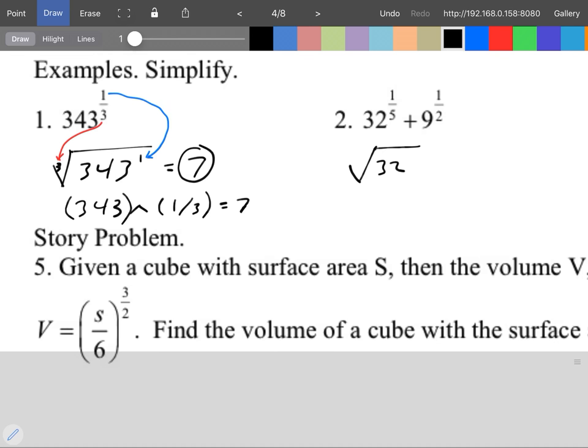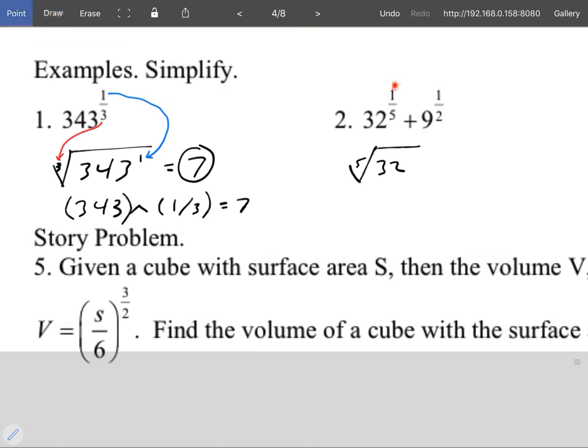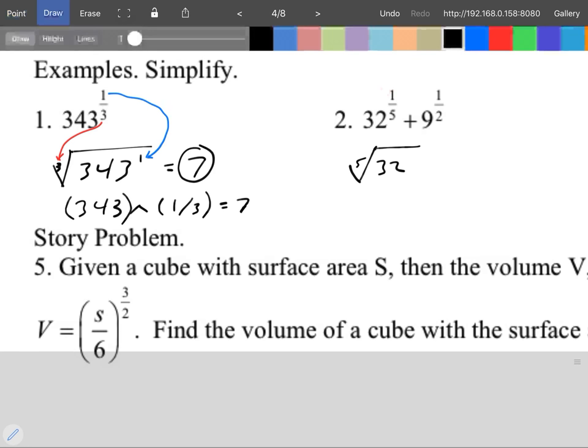The index is a 5. So the denominator of the fraction power is the index of the root. And again, since the numerator of this fraction power is a 1, I'm going to go ahead and just put that inside the radical. And then that's plus. And again, the 9 would be inside the radical.